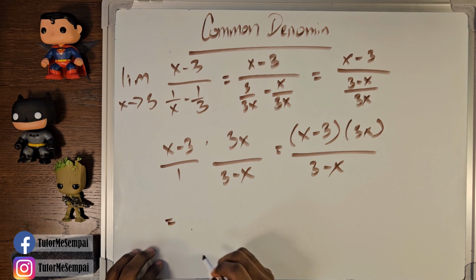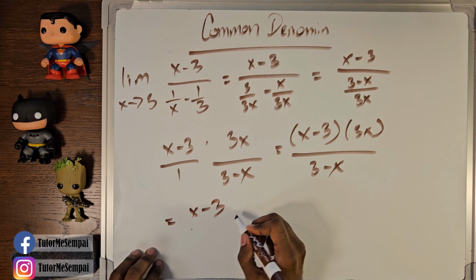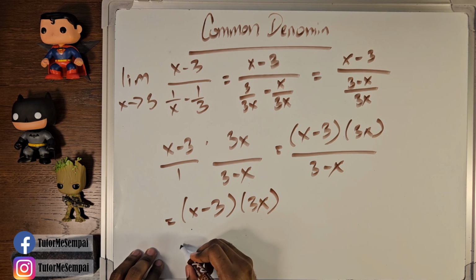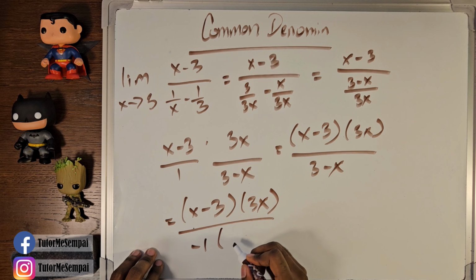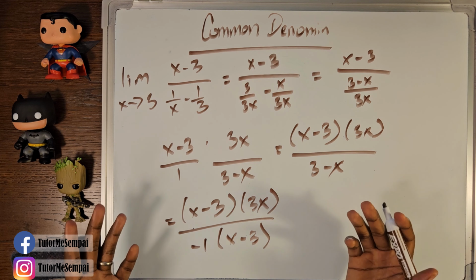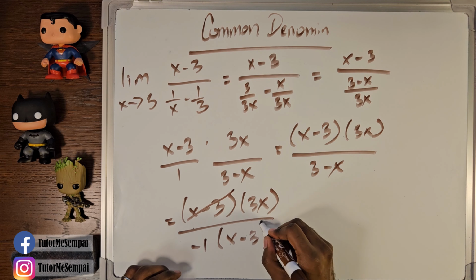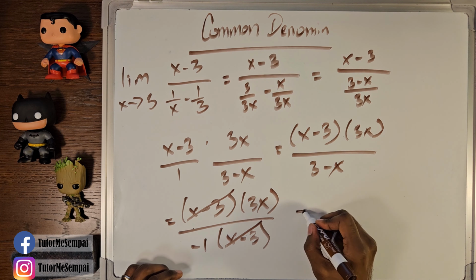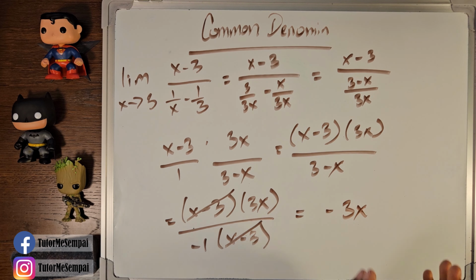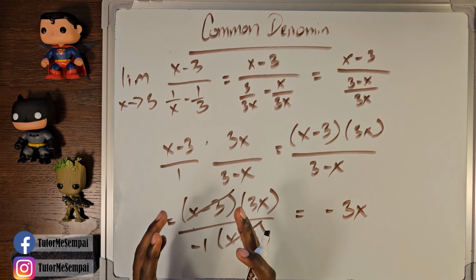And to do that, we're going to be getting an x minus 3 times our 3x, and we have a -1 times our x minus 3. Now we can cross out what's in common, which is going to be that x minus 3, which gives us a -3x as our final version of this function.